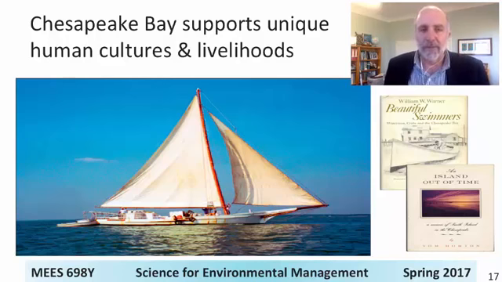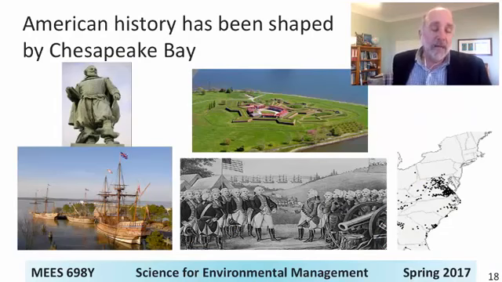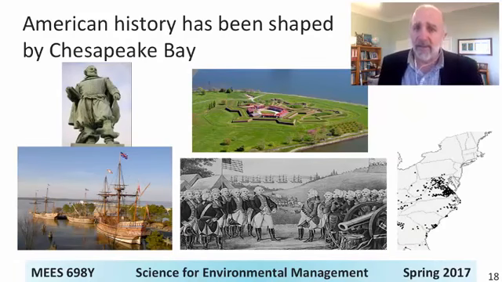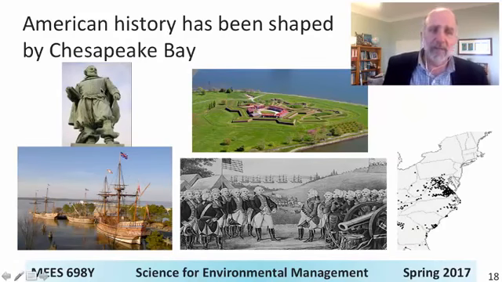that really unique waterman culture out there. And in many respects, American history has been shaped by Chesapeake Bay, and you can see that wherever you go in the bay. This is Jamestown, John Smith, and the founding; that and Plymouth Rock were the two original European colonies in North America.